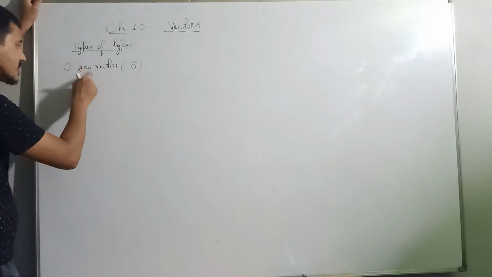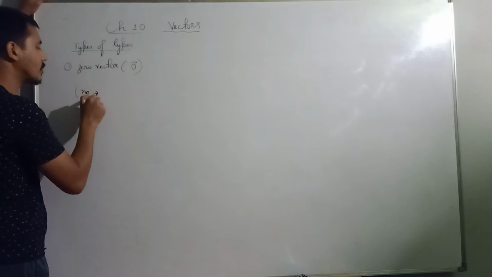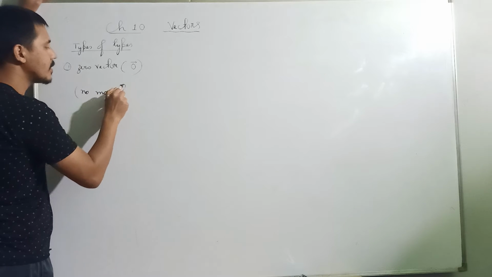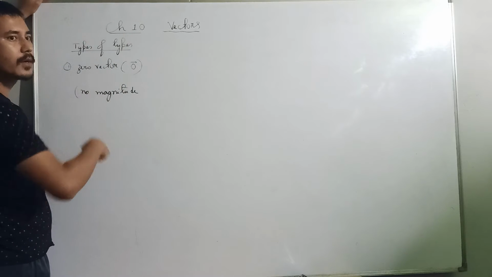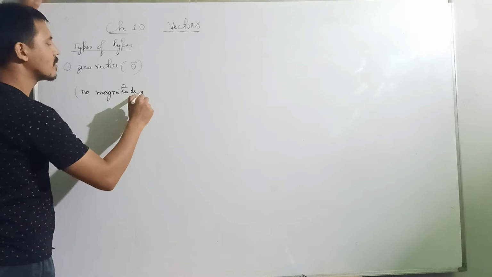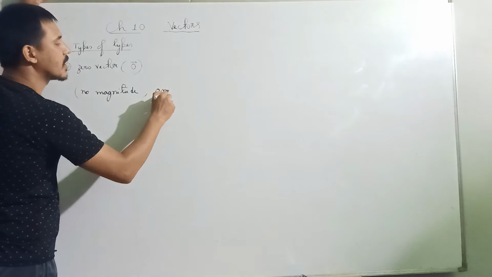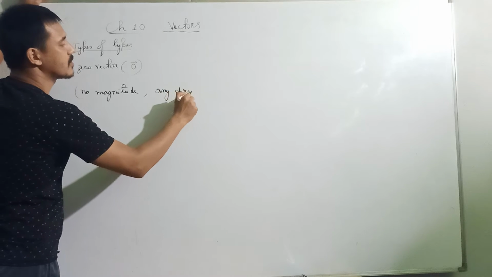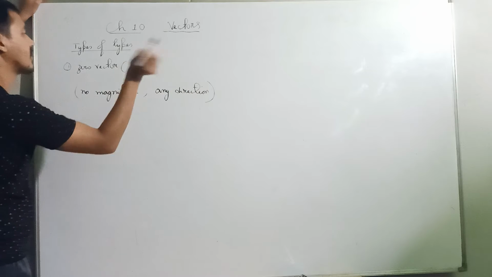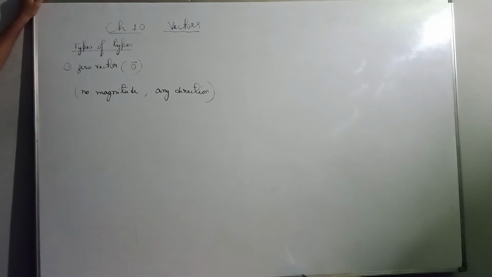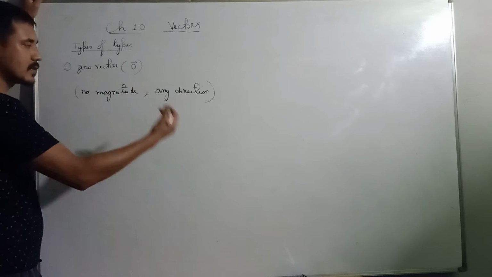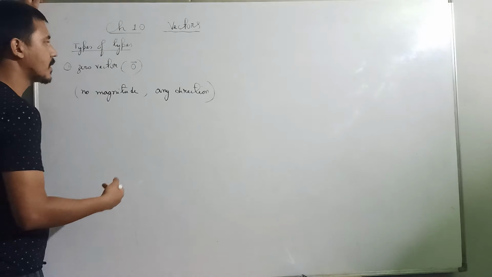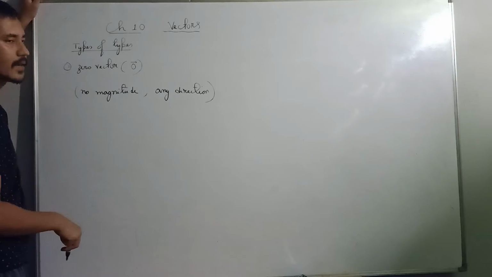So zero vector means a vector having no magnitude, and since it has no magnitude, we cannot specify in which direction it is directed.